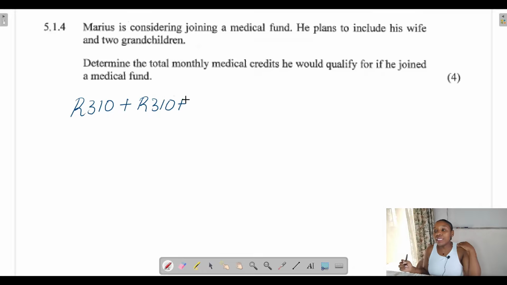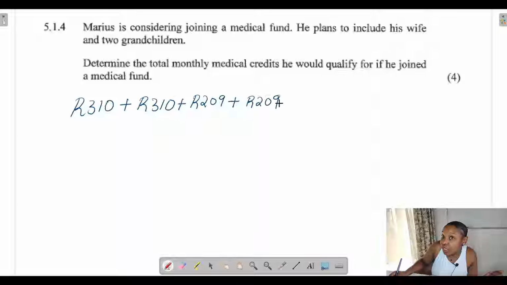We know that he wants to add his 2 grandchildren, and the 2 grandchildren are what? The additional dependents, right? And they get charged 209 each. So you can just say 209 plus 209, or you can just say 209 times 2.